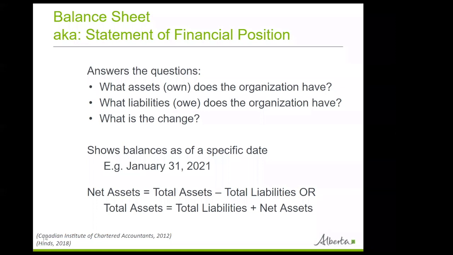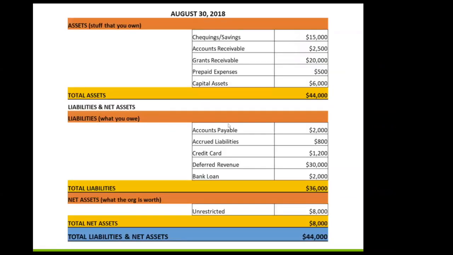Depending on the way you've decided to set up your balance sheet, you could show that the net assets equal the total assets minus total liabilities, or the total assets equal total liabilities plus net assets. In either case, the results are the same. It's just different ways of doing the math.